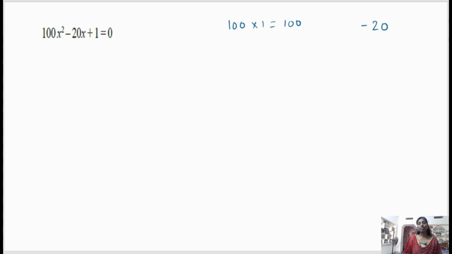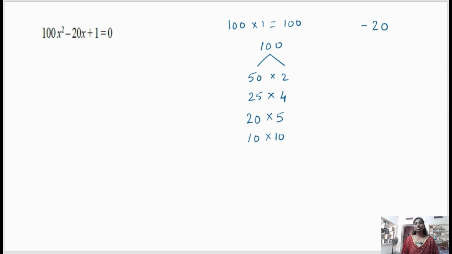Now think of two numbers whose product is 100. We can write 50 into 2 is 100, 25 into 4 is 100, 20 into 5 is 100, and also 10 into 10 is 100.